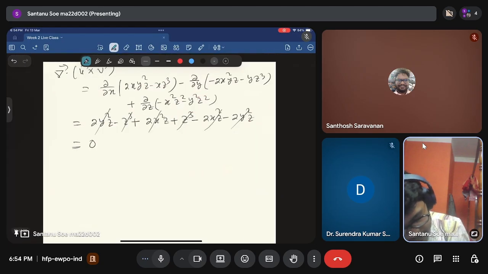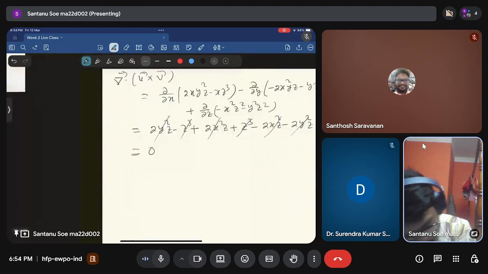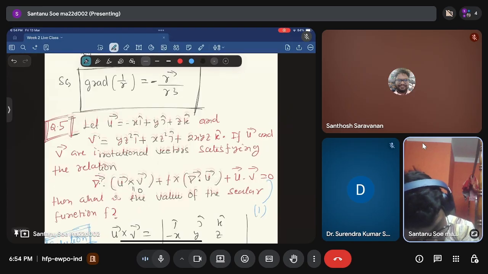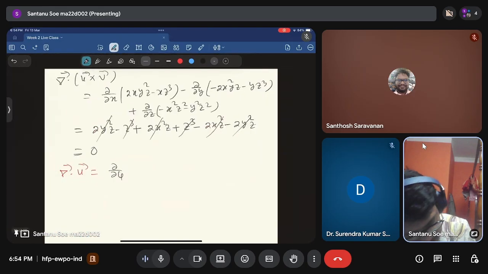Okay. So now we have to find out the divergence of u. So divergence of u is del x of minus of x, because u was minus xi plus yj plus zk.